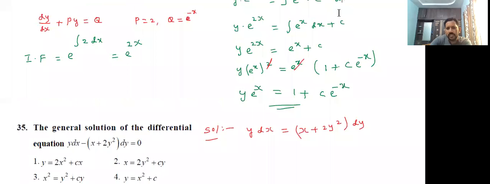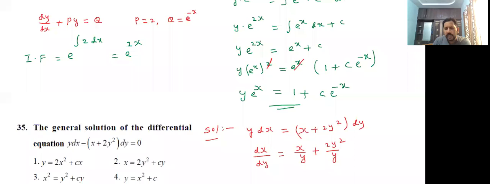Next, how to do that? dy is sent to the left hand side, so we get dx by dy, and on the left hand side y is sent to the right hand side, we get x by y plus 2y square divided by y. Yes or no?